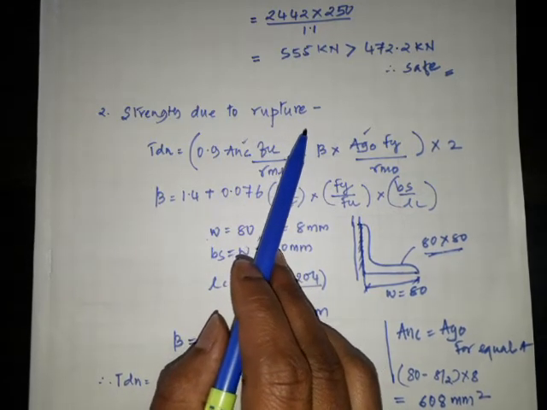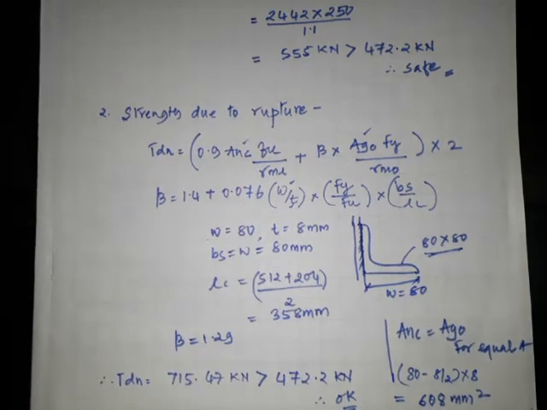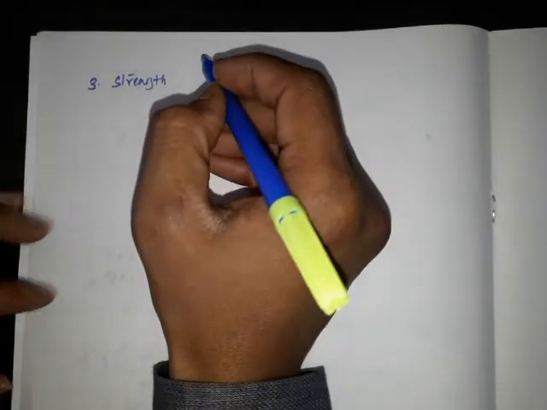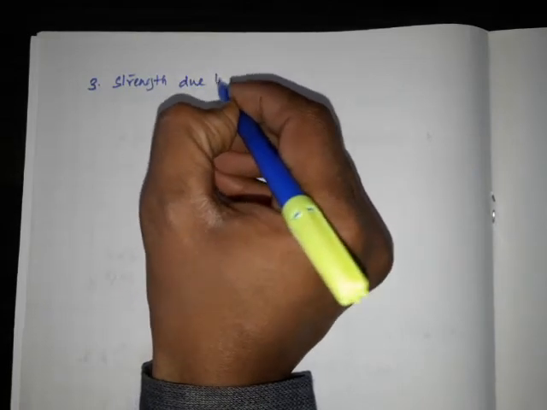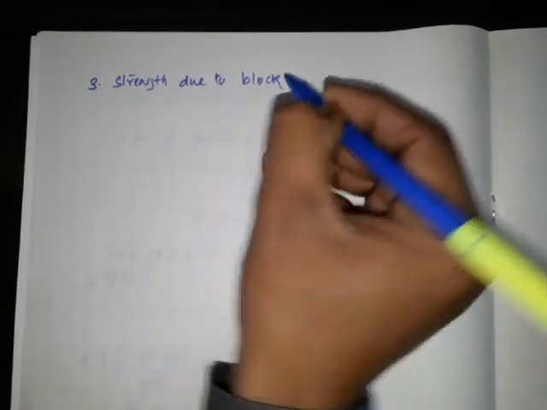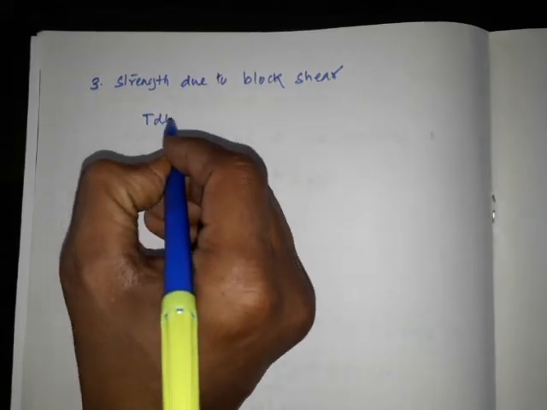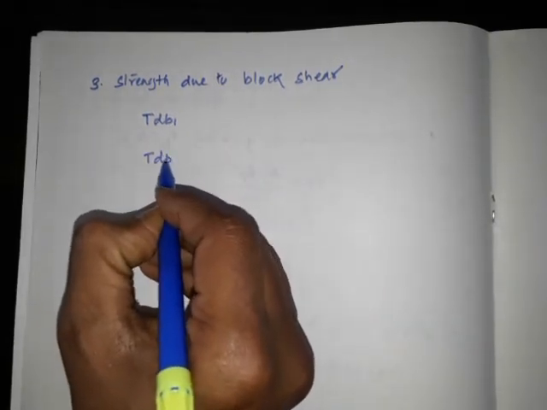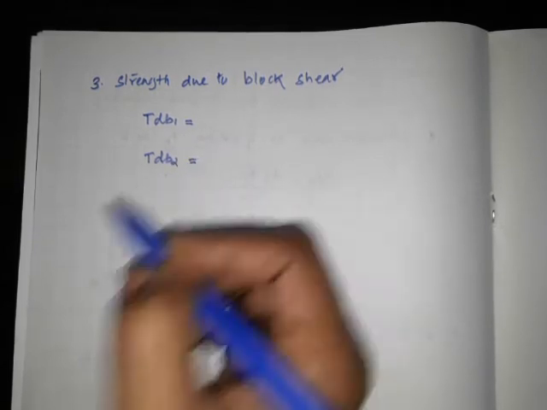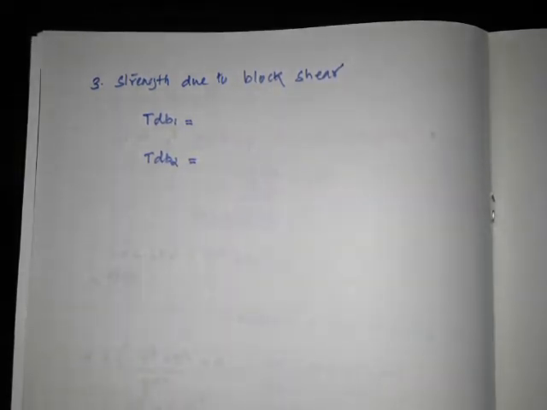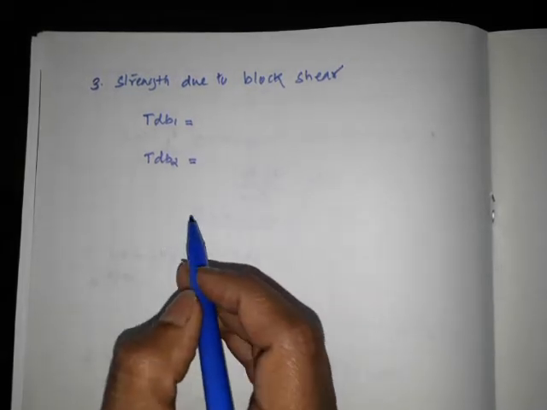Now we have to go for the next criteria, that is strain due to block shear. So the third criteria is strain due to block shear. You have to note down the formula here again, that is for TDB1 and TDB2. For that we have to find out the required calculation.